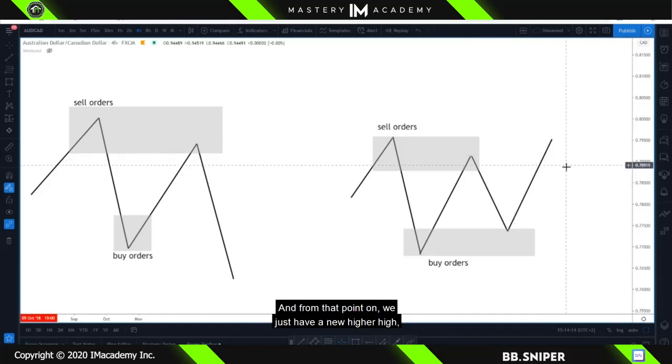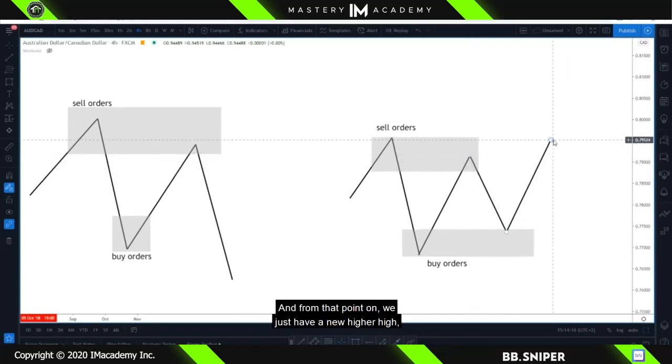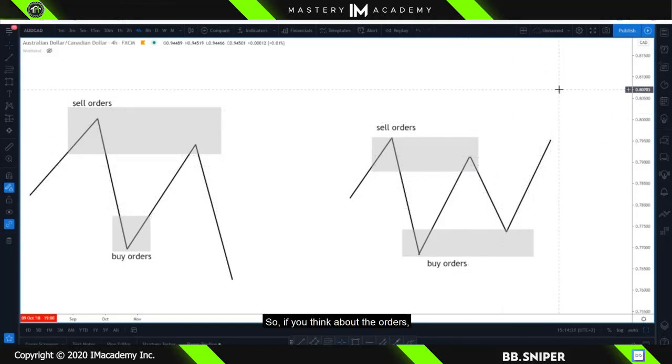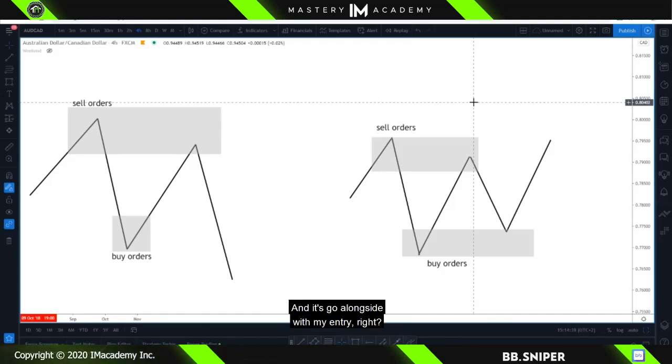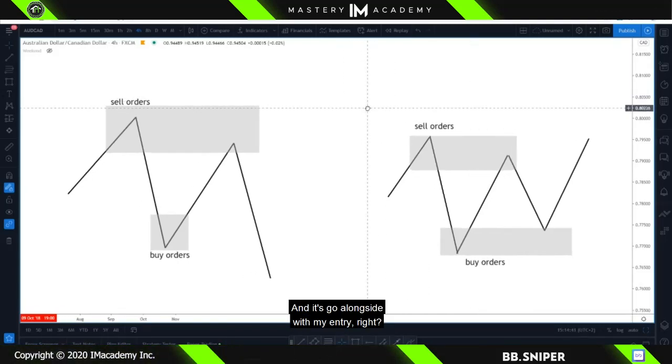And from that point on, we just have a new higher high, if we compare over here, and we have a higher low. And we're coming off of the bearish environment, the sell downtrend, to a buy or bullish uptrend, right? So if you think about the orders, it's going to be easy to determine in which structure we currently are and what we can anticipate. And it goes alongside with my entry, right?